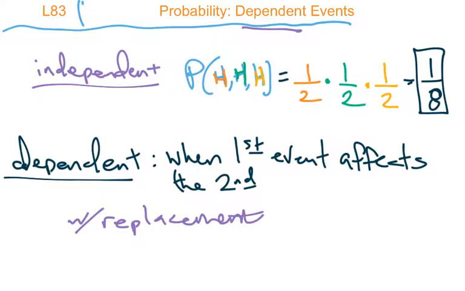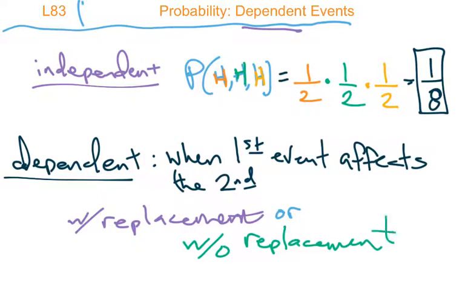But if we were dealing with a deck of cards, which we'll talk about in just a second, are we replacing the card after the first person has chosen? Or the second would be without replacement. Now, it's without replacement that leads us to dependent events. If I don't replace the card, then when I go to the second person and say, hey, grab a card, any card, then it matters what the first person grabbed because things have changed, obviously.